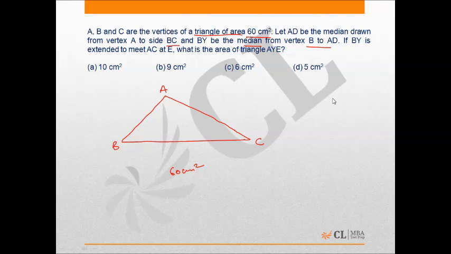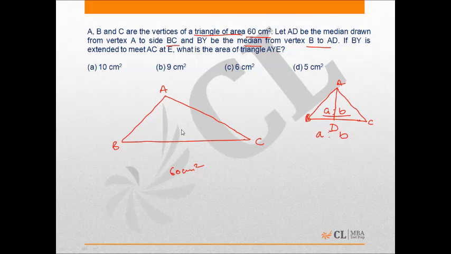So in this question, basically we'll use the property of a triangle which says that if AD divides the side BC in the ratio A:B, then the area of triangles ABD and ADC will divide in the same ratio.